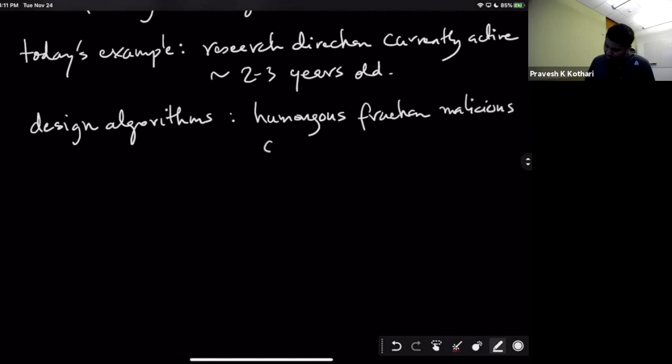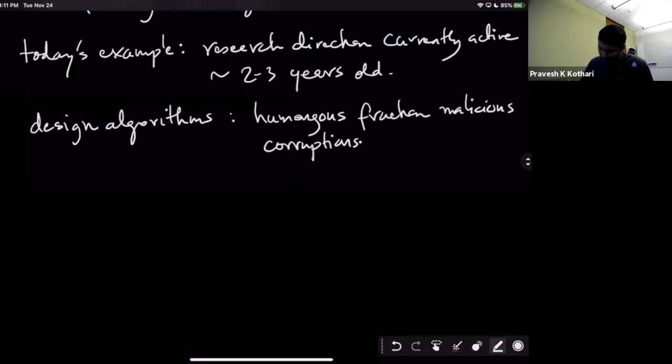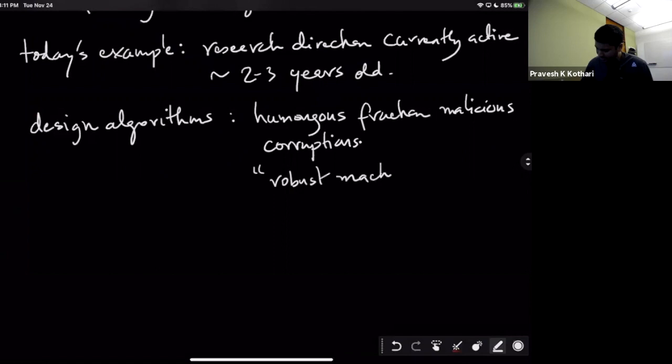So malicious corruptions. And it's part of this large portion, maybe the last 7-8 years or whatever, on this area of robust machine learning, where you want to design algorithms that are somehow not fooled either by malicious or benign corruptions in the data that you use to learn from.